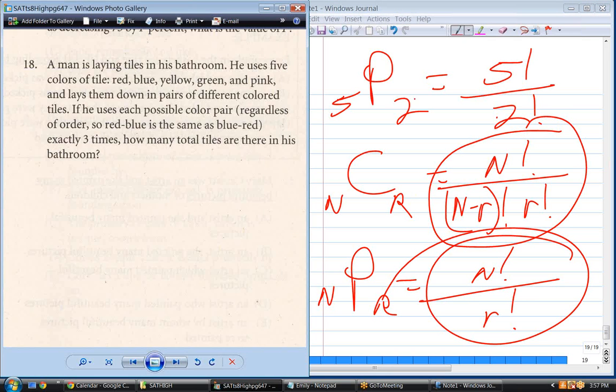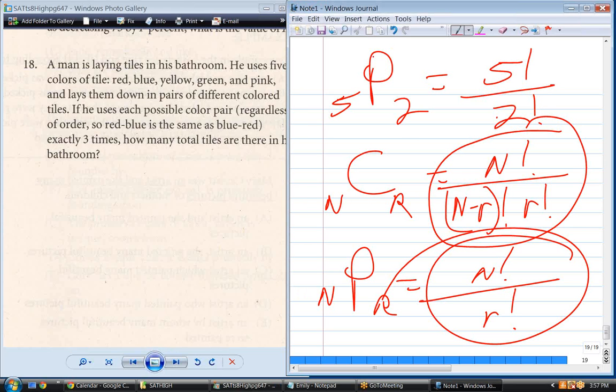You're probably not going to be tested on this. I don't think in general you'll be tested on this. I don't think you have to know what the formulas are for that, although it was helpful here. It was easier to do this as n choose r than it was to list all the 10 possible pairs.